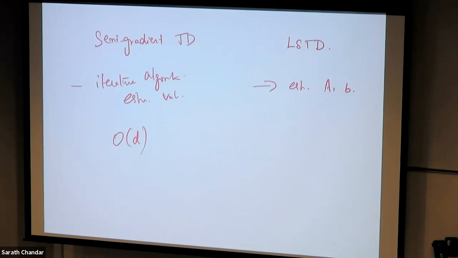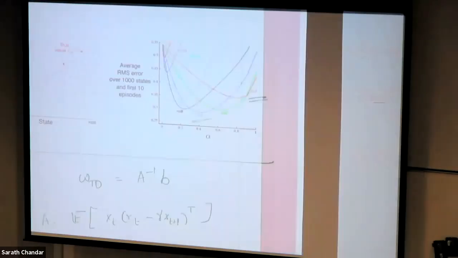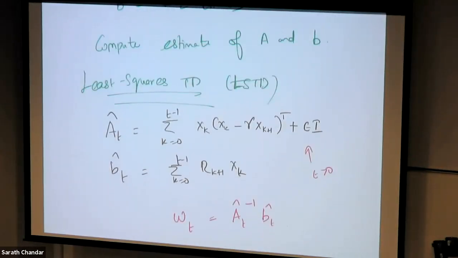In LSTD, it looks like the computation is increasing for every time step because it's a running summation. But in the very first week, we saw how to implement these kinds of running sums efficiently with constant computation, so we can convert this into a constant computation step by incrementally computing the sum.